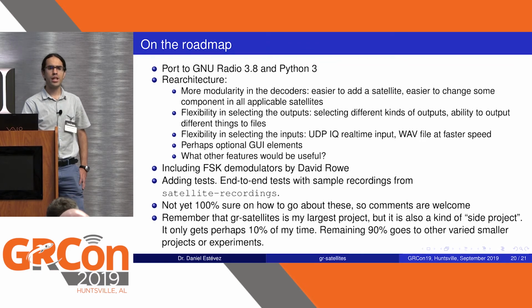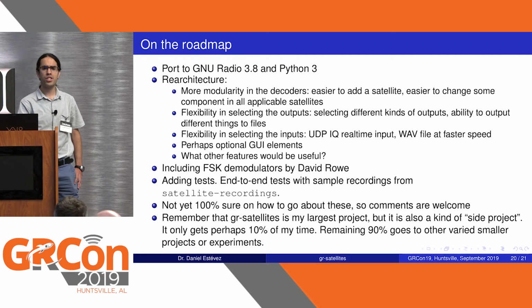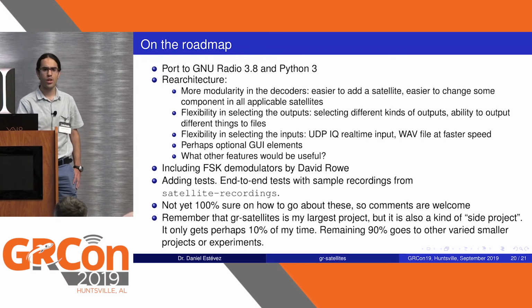If I want to change a particular parameter for the FSK demodulation, for example, this is used in maybe 60 different flow graphs, so it's impossible to go and change it in all of them. And as you can imagine, many satellites use the same kind of forward error correction or modem or things like that. So there is a lot of repetition between different flow graphs.